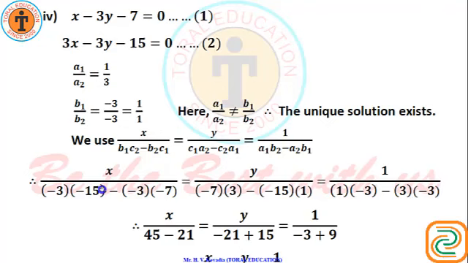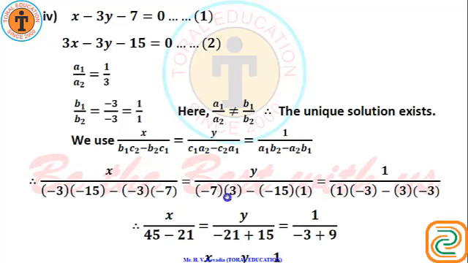If you put wrong signs, you will get wrong answers. This is a fact in these questions. Minus minus plus, 15 threes are 45.